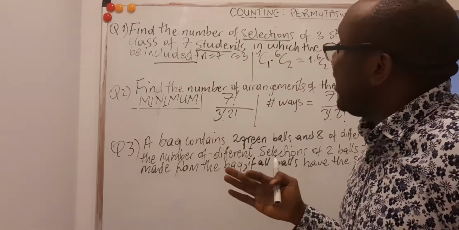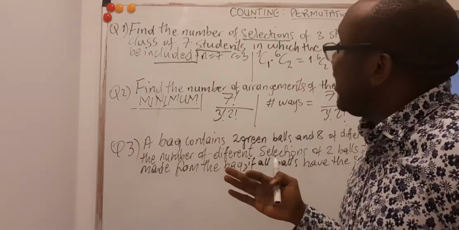Here, a special condition is there. 2 of the 10 balls are green and of the same size. So it means that there's no way you can make a difference between these 2 balls, and we have to be careful. If we have to select only 2 balls from the 10, then there are three scenarios.